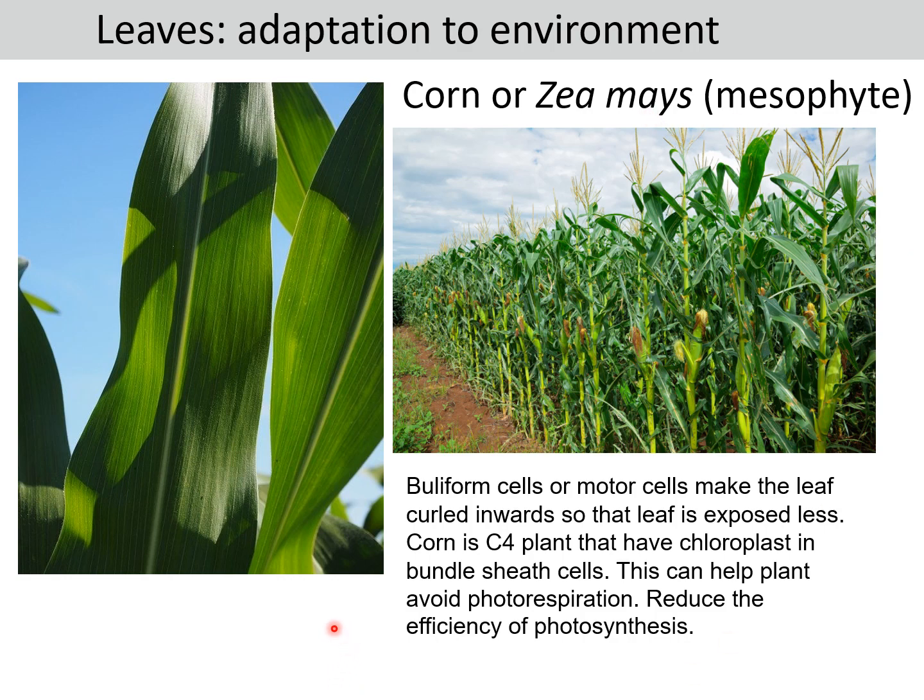The leaf usually has bulliform cell or motor cell that makes the leaf curl inward, so the leaf is exposed less. That means they can avoid water loss and transpiration. Moreover, corn is also a C4 plant that has chloroplast in the bundle sheath cells. This can help the plant avoid photorespiration and reduction of the efficiency of photosynthesis.